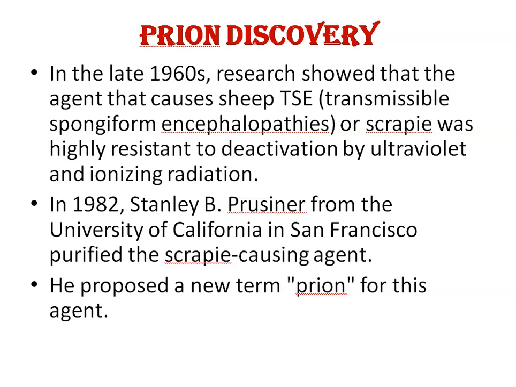As we know, UV and ionizing radiation would usually destroy any pathogen that contains nucleic acid. In 1982, Stanley B. Prusiner from the University of California in San Francisco purified this scrapie-causing agent. Then he proposed a new term, prion, for this agent.